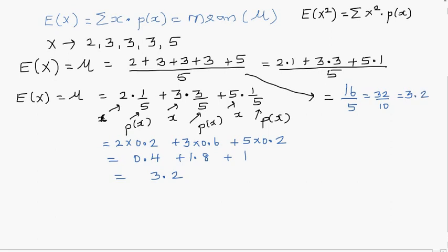So basically mean and this are the same formula, but the way in which you do it is different. When you're finding expected value, you multiply the value of x with the respective probability and then add them up. Sigma stands for the addition of all x times p of x. Now let's find the expected value of x squared.